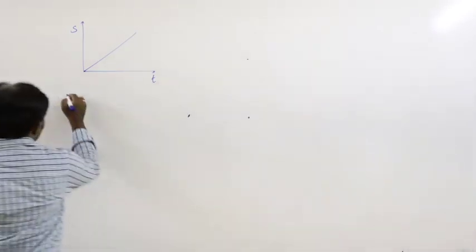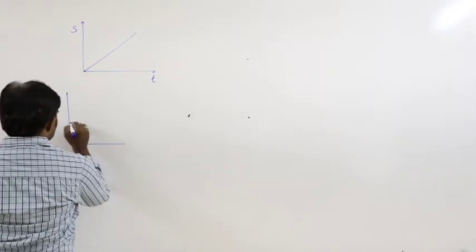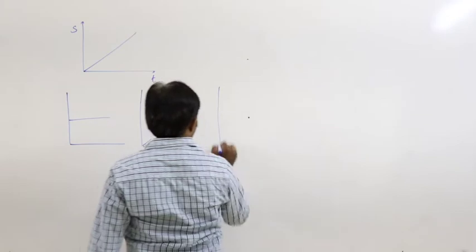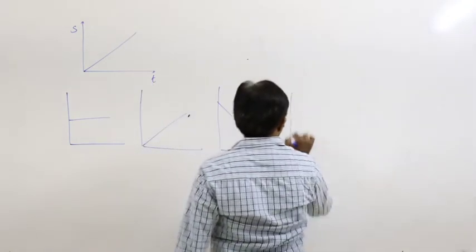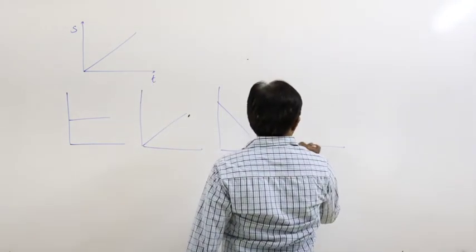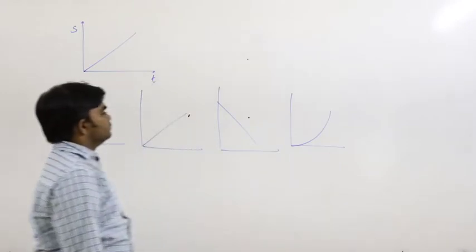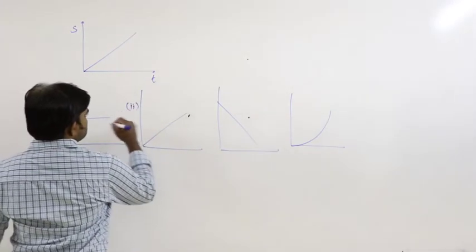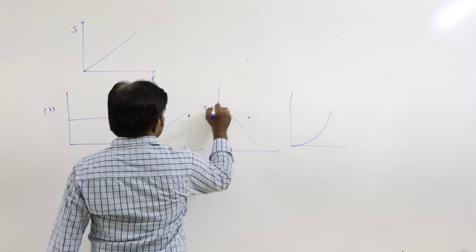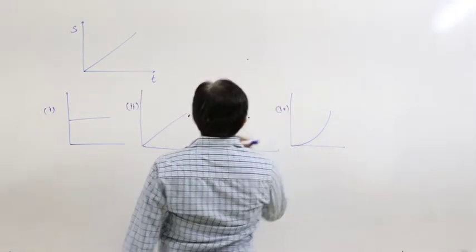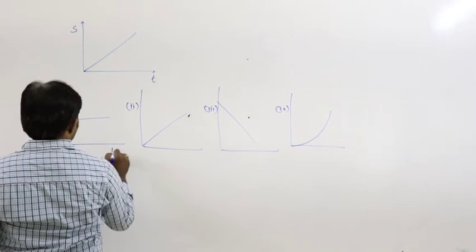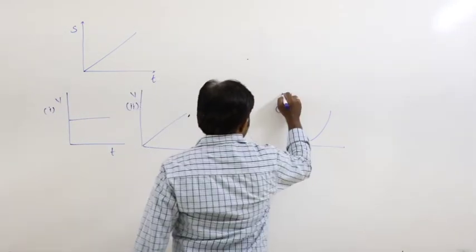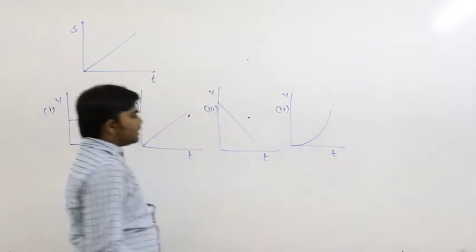Let us say the options are this one, this one, this one, this one. First option, second option, third option, fourth option. So these are velocity time graphs. Which one is correct in this?